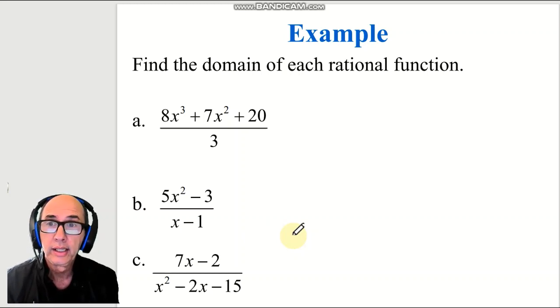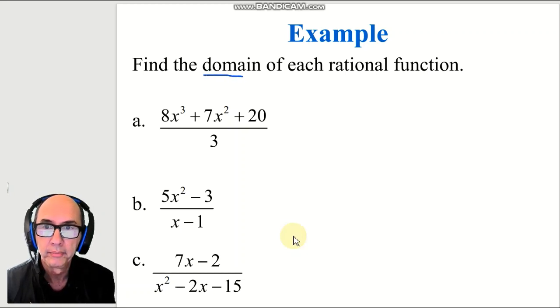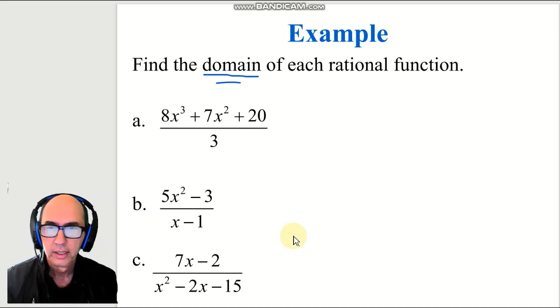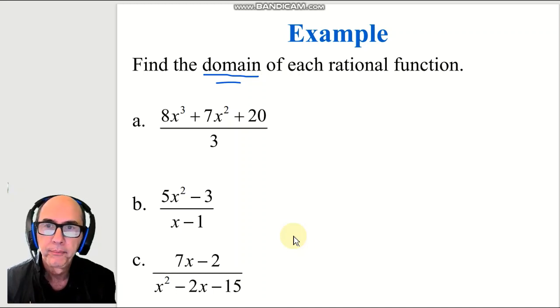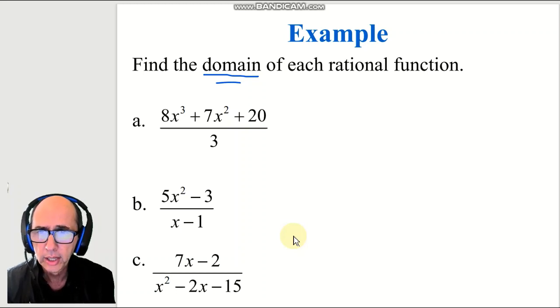The first thing you're gonna understand about fractions is how to find the domain. This is something very simple, okay? And we're not gonna spend a lot of time on it. Basically, when you have a question asking you to find the domain of a rational function, you're gonna look only at the denominator.